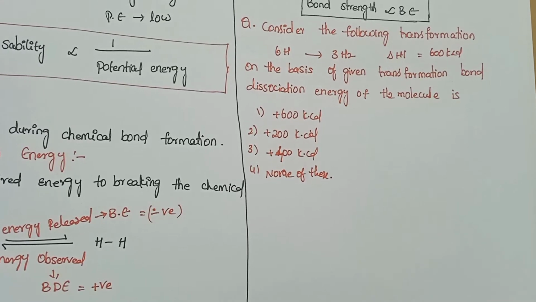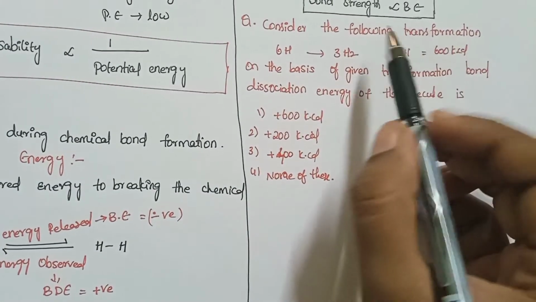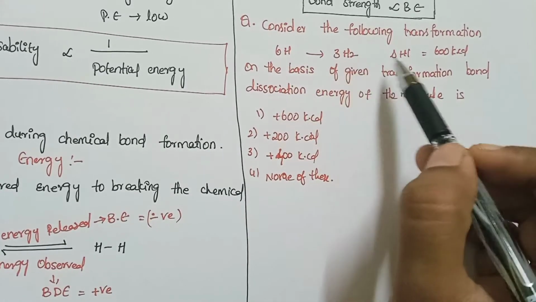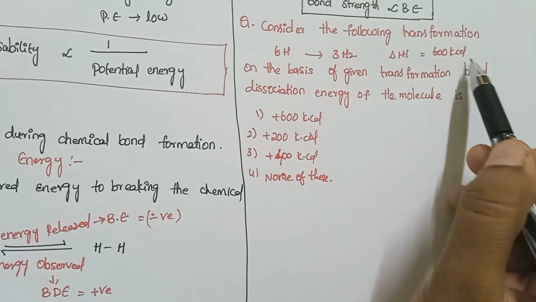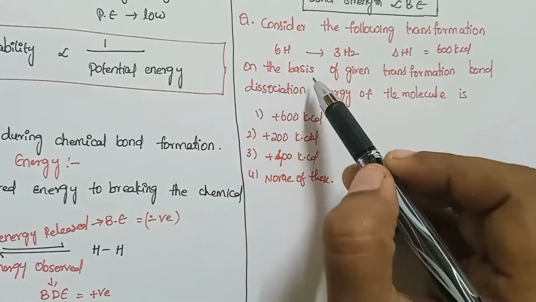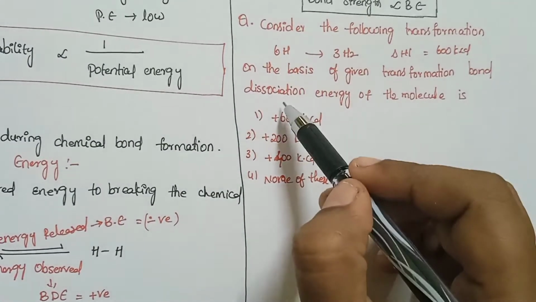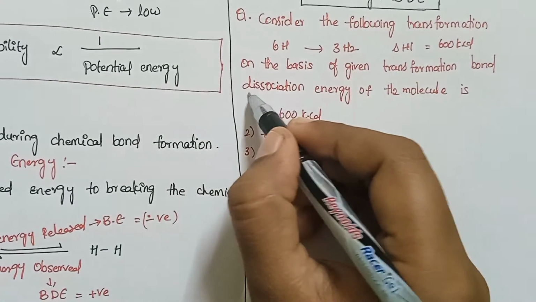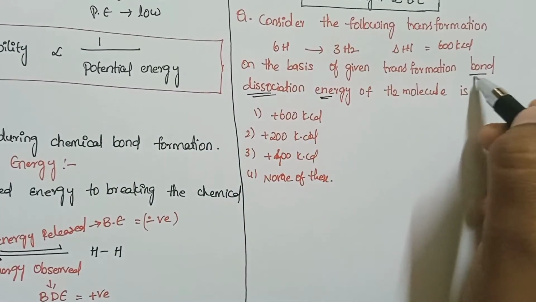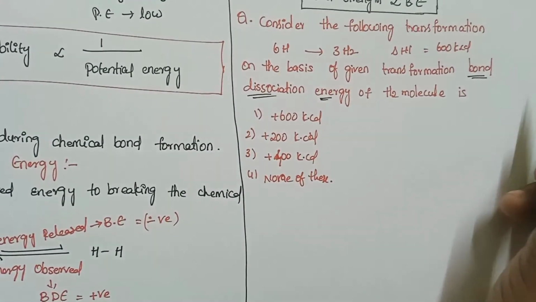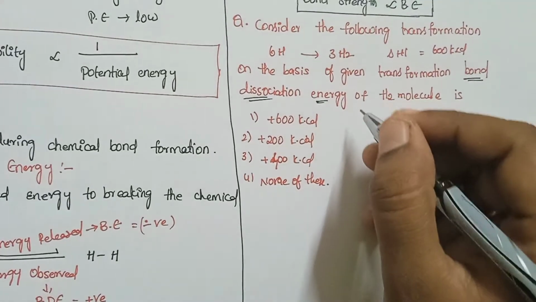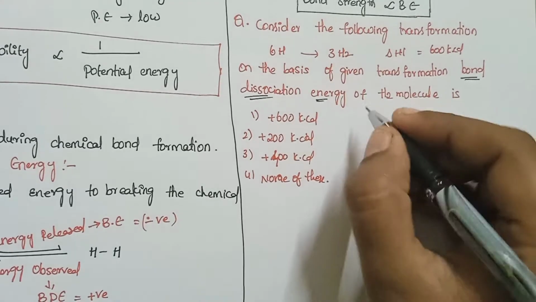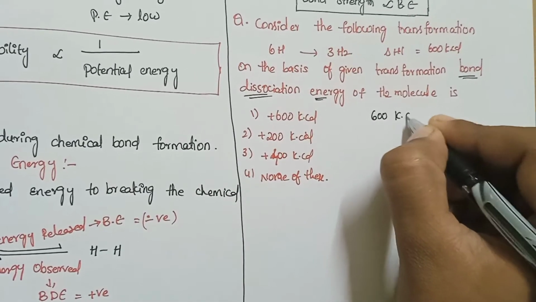Now the question is, consider the following transformation: 6H gives 3H2, with delta H of 600 kilocalories. On the basis of the given transformation, find the bond dissociation energy of the H2 molecule. In this question they ask bond dissociation energy, not bond energy. So the answer: energy released during formation of 3 molecules is 600 kilocalories.